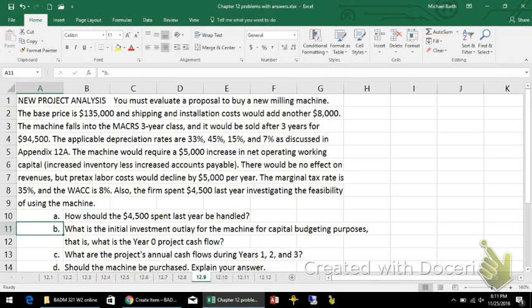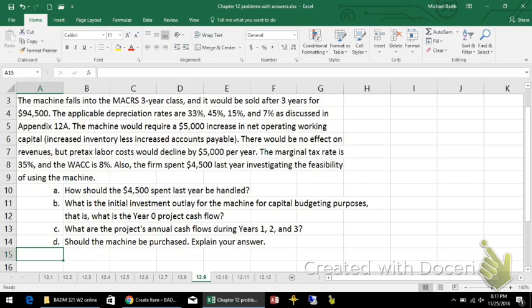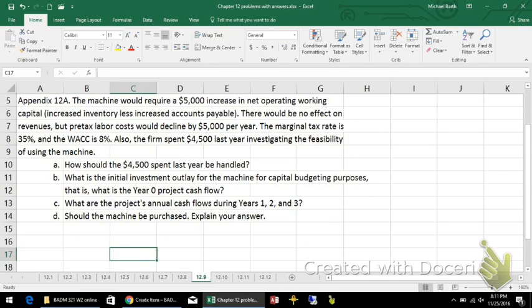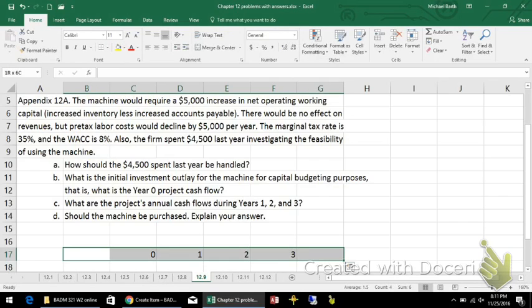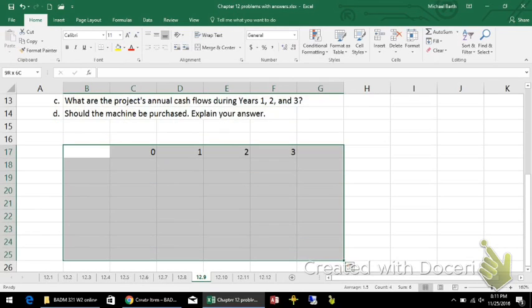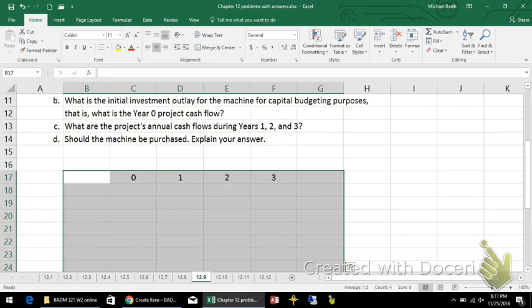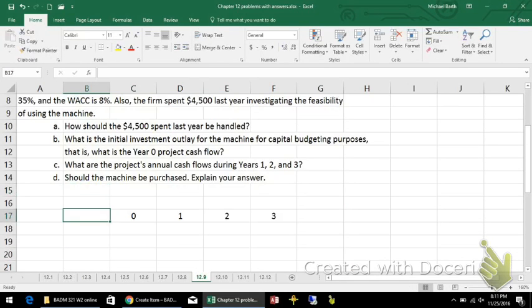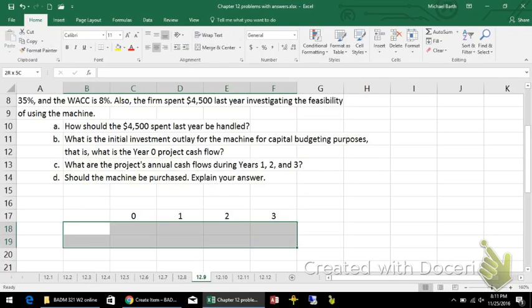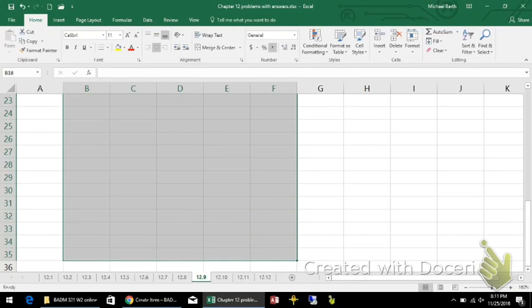All right, so what's the initial outlay, the 0, 1, 2, and 3 stuff? All right, well, start out with one. I'll center all this up. I'll format everything in currency and drop the pennies, because we don't need pennies.